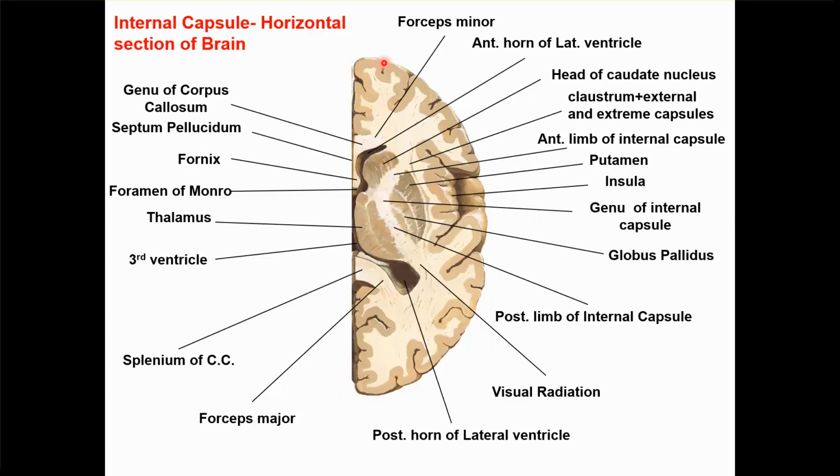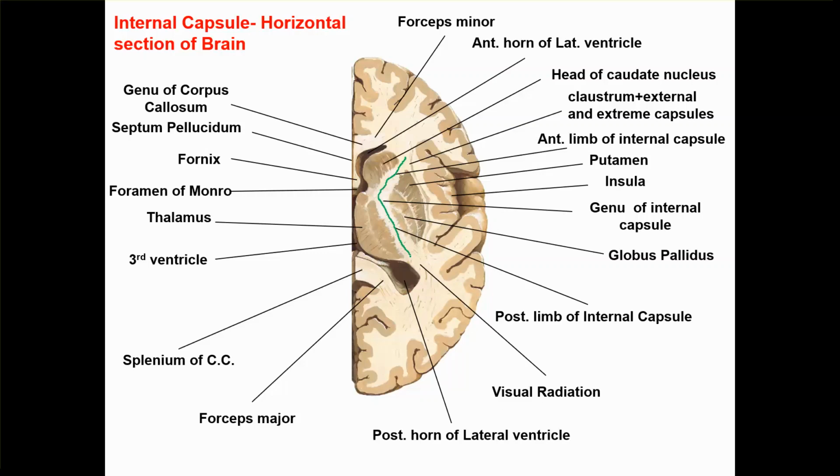Now, where is the internal capsule? I will try to draw it for you. So let us differentiate the internal capsule. This is the internal capsule, and what I'm drawing is the anterior limb. When it takes a bend, it's called the genu, and this is the posterior limb of the internal capsule.